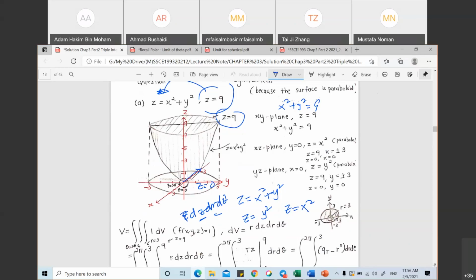Okay, and then your theta 0 to, from here, anti-clockwise. Where is it? Here. Okay, remember your angle starts from 0 to 2 pi, because this is your region, everything, and it moves anti-clockwise.